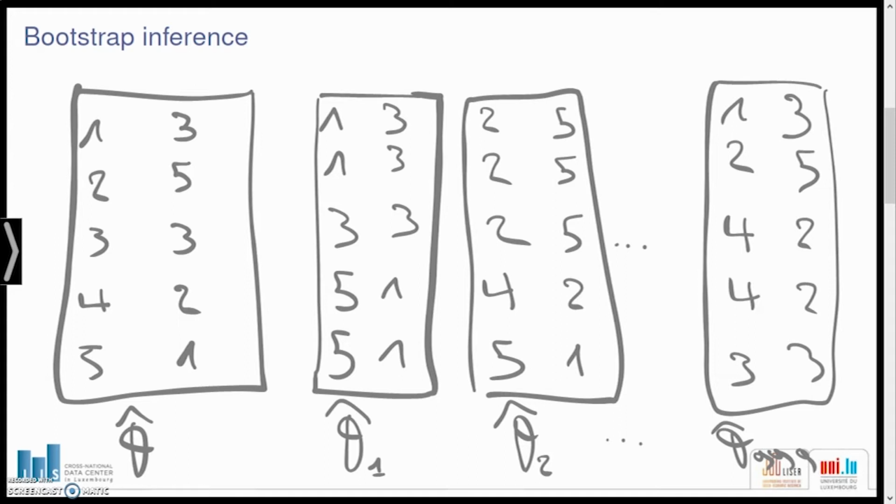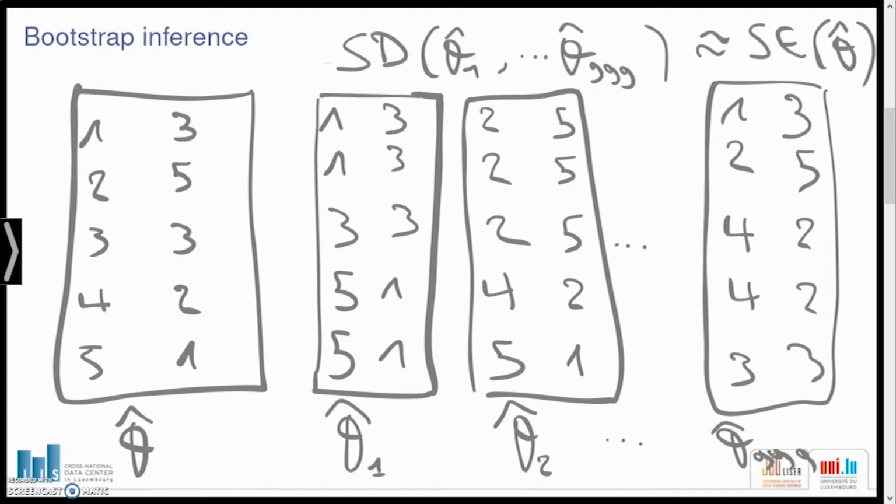So for example, we're going to use the standard deviation of the bootstrap replications as an estimator for the standard error of our original estimate. As simple as that. And from that distribution, we can also calculate confidence intervals, and derive statistical tests, etc. Alright, so that's the idea.